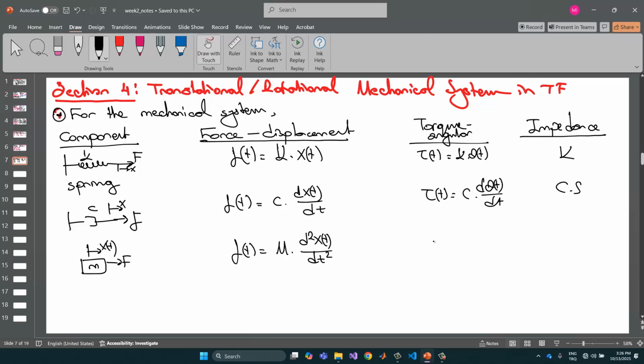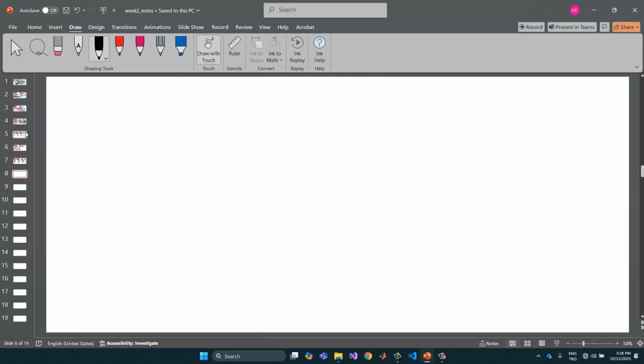And in the torque mode, it equals J, the inertia, times d square theta(t)/dt square, and so this is Ms square, right? This is the Laplace transformation of the components of the mechanical system, in terms of rotational and translational.